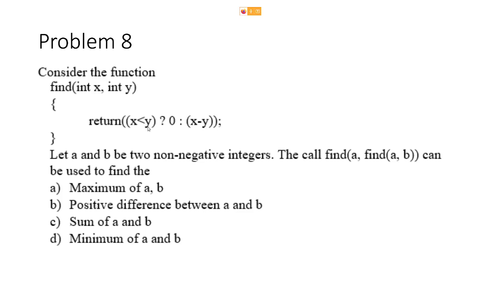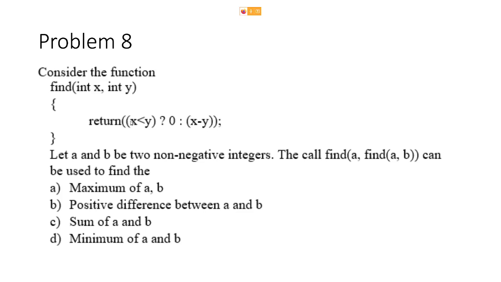It is like an if and else condition. So this is your condition, x is less than y. If the condition is true, then the first value, which is just after the question mark, will be returned. This is your true value, and the value after the colon is your false value.